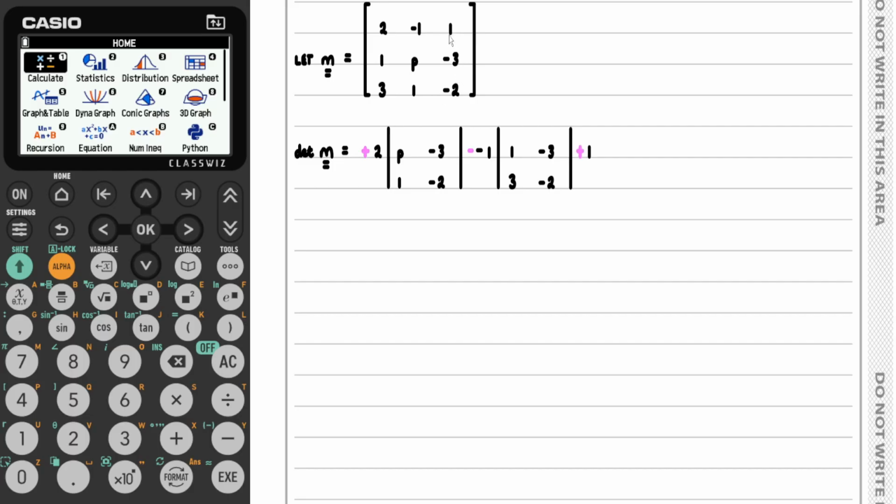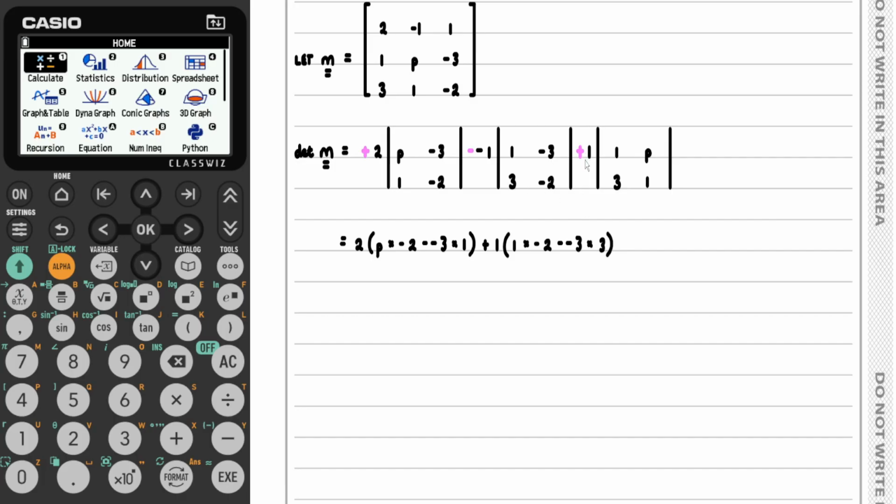And then we've got plus 1. And then we cover up the first row and the third column and take the determinant of what's left over. That is 1, p, 3, 1. So we've got 2 multiplied by, now here I've got p multiplied by negative 2, subtract negative 3 times 1, plus 1, and that's because we've got negative 1, multiplied by 1 multiplied by negative 2, subtract negative 3 multiplied by 3.